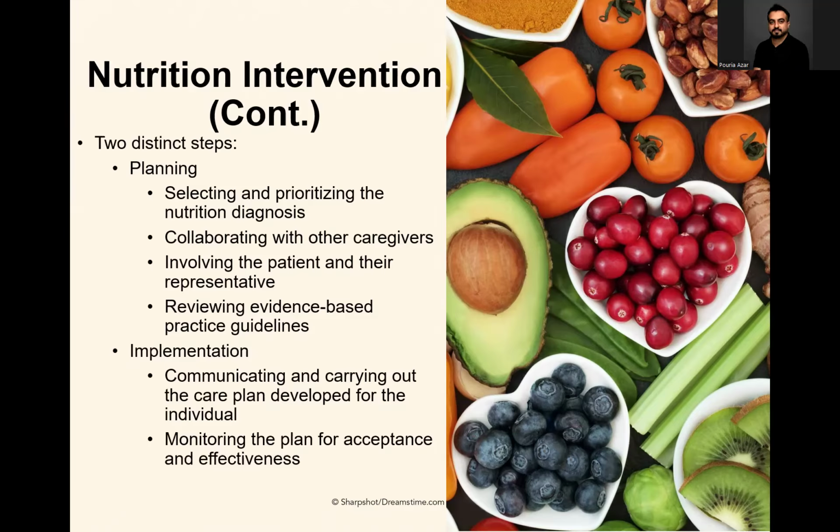So when we have multiple nutrition diagnoses, we need to select and prioritize the nutrition diagnosis. And it is the case for most patients.